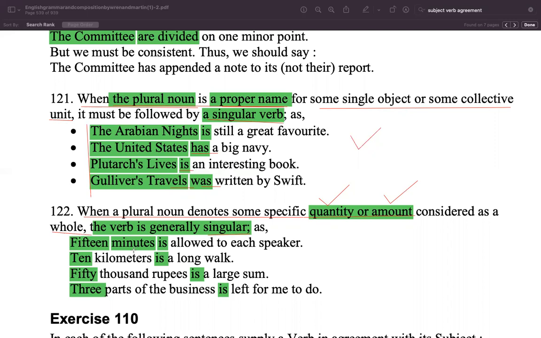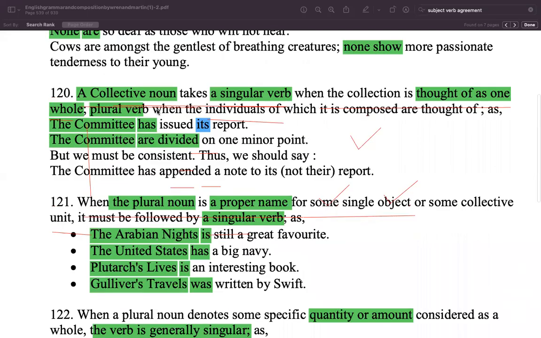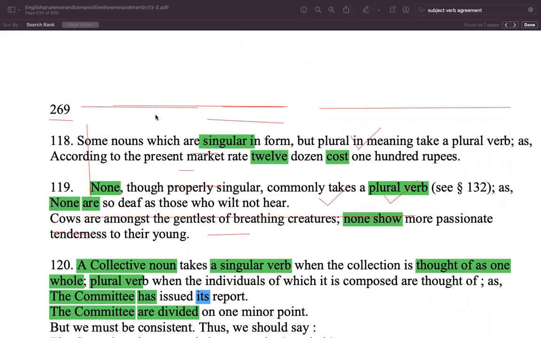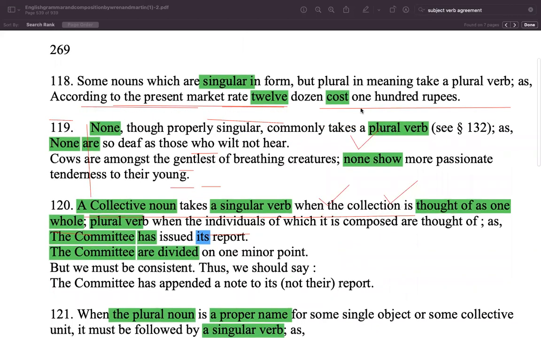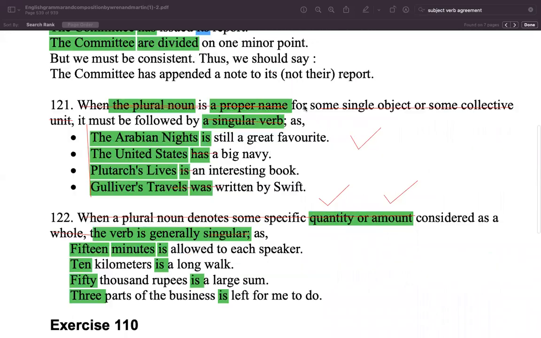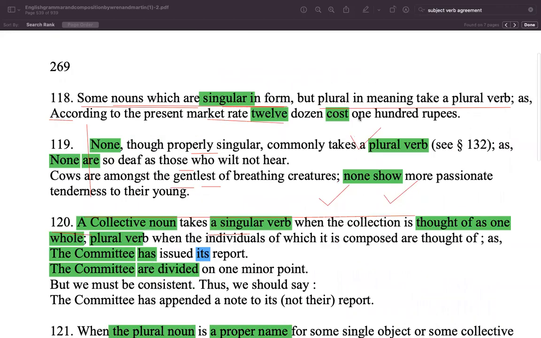Some time ago, you learned the phrase five dozen mangoes, right? Or five dozens. In the first place, you could find it written here: 12 dozen cost 100 rupees, isn't it? Now here, why is it 12 dozen cost, as a plural?